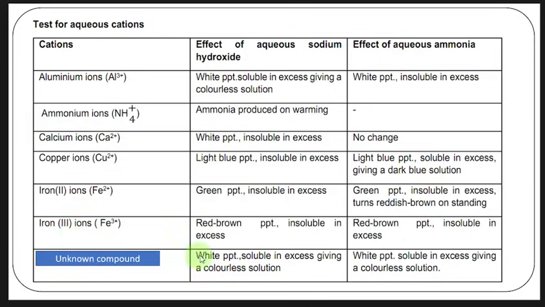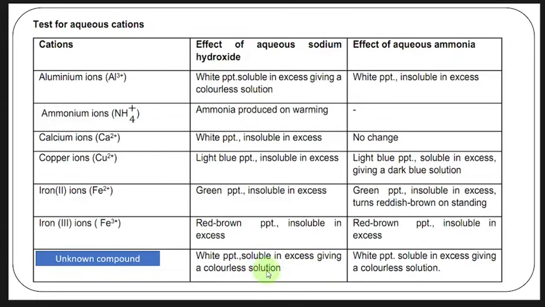So if again you have an unknown compound, and to that unknown compound you add a few drops of aqueous sodium hydroxide, then a white precipitate is seen. Now you decide to add excess sodium hydroxide, and that white precipitate is soluble in excess, giving a colorless solution.